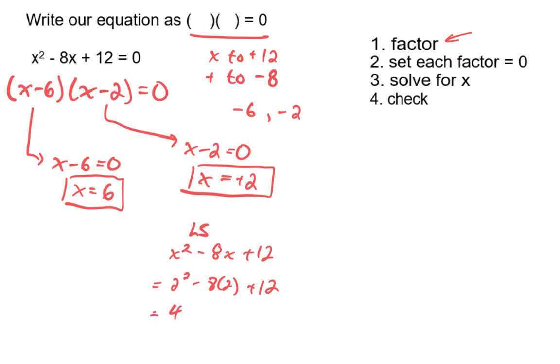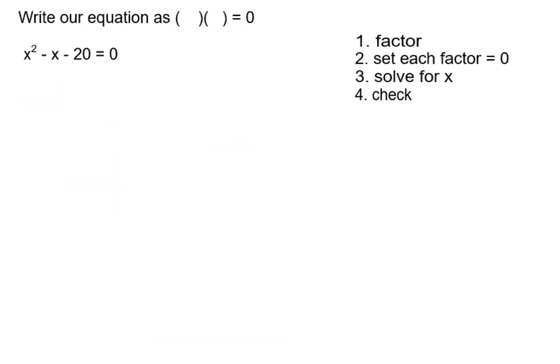That's going to be 4 minus 16 plus 12. That's 0. And our right side, well, that was 0 to begin with. So our left side is equal to our right side. So x equals 2 is definitely a solution. And we'd get the same thing if we subbed in x equals 6. So let's do one more as an example, and you can start work on the practice questions.